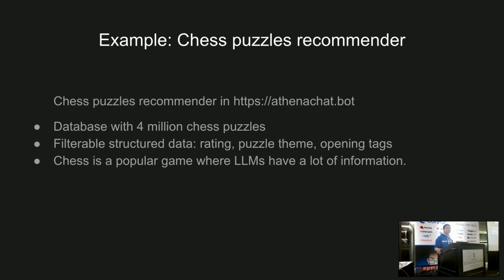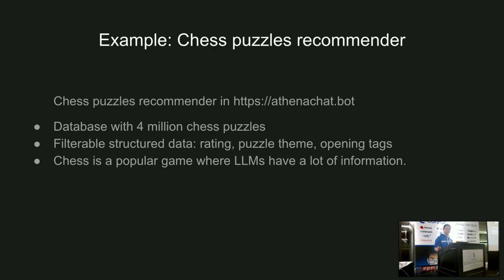first, chess is a very popular game, so you don't really need to tell the language model what chess is. They know chess probably more than you guys and more than me. So it's at least the information about chess, not playing chess. That's a different story. And also chess has very structured data.